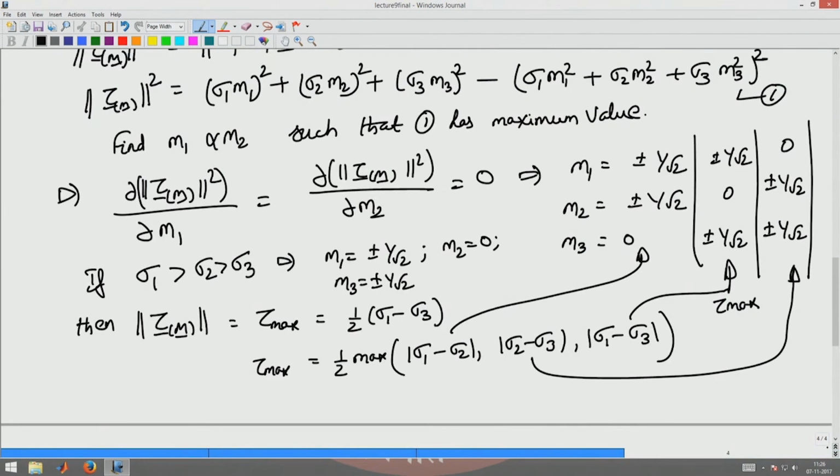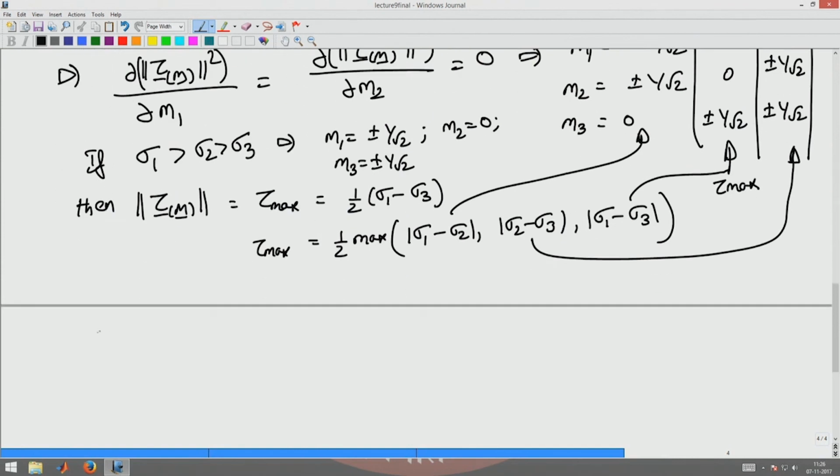So, we found m1 to be plus or minus 1 by root 2 and m3 plus or minus 1 by root 2 as the solution, which means m would be plus or minus 1 by root 2 (n1 plus n3) in this specific case when sigma 1 is greater than or equal to sigma 2 greater than or equal to sigma 3. Okay.